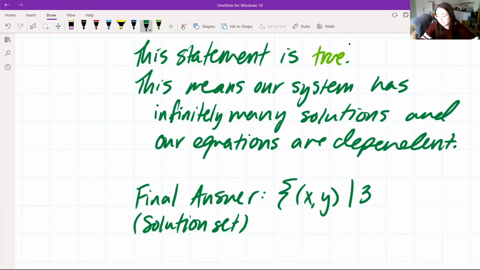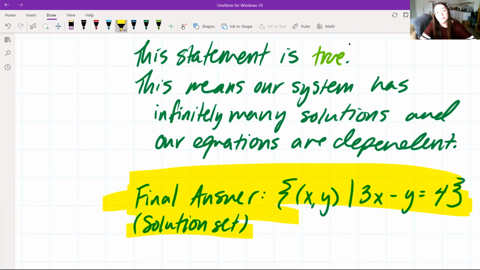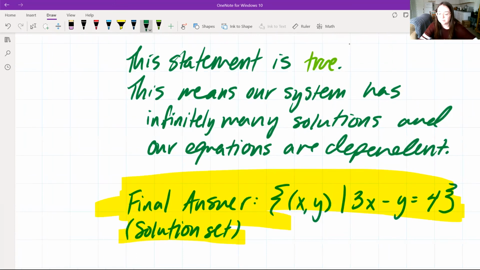For example, we can list our equation 3x minus y is equal to 4, and any answer would be correct. Once again, you could plug in any equation into our set builder notation. I just plugged in equation 1, but you could plug in equation 2. It just has to be one of our original equations.